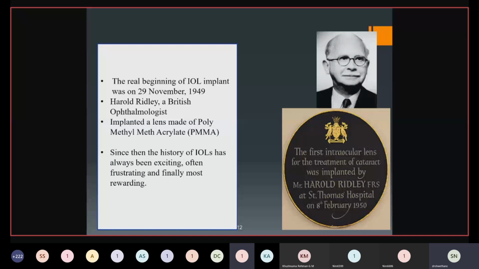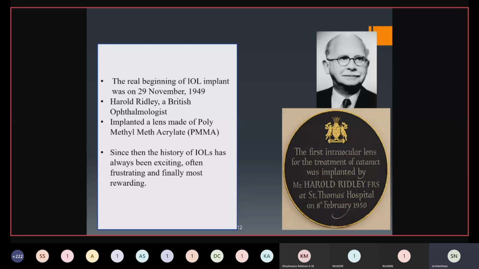So there's a small story behind it. During World War II, when Dr. Harold Ridley was treating Royal Air Force casualties, he observed that when splinters of acrylic plastic from the aircraft cockpit canopies fell in the eye and got lodged in the eye, it did not trigger any kind of inflammatory reaction in the eye.